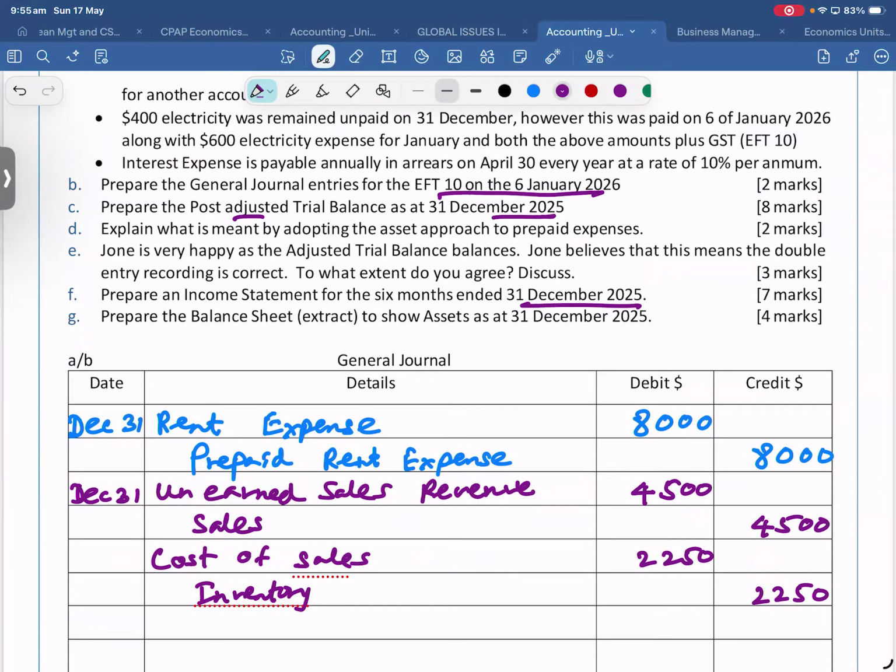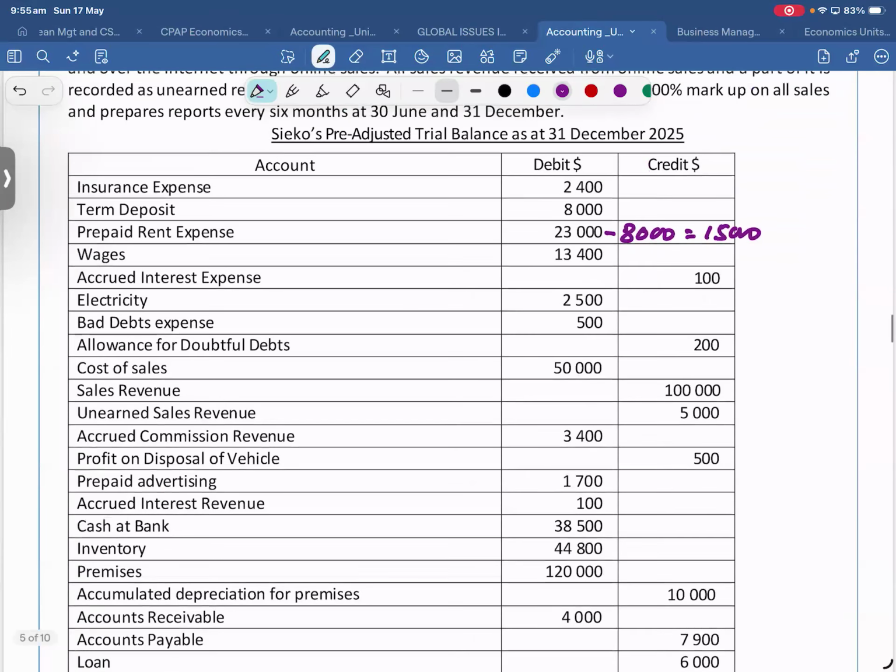Okay, guys, then what do we do? We are going to update the sales. Sales will be how much? Plus 4,500. And then unearned sales minus 4,500. Inventory minus 2,250.